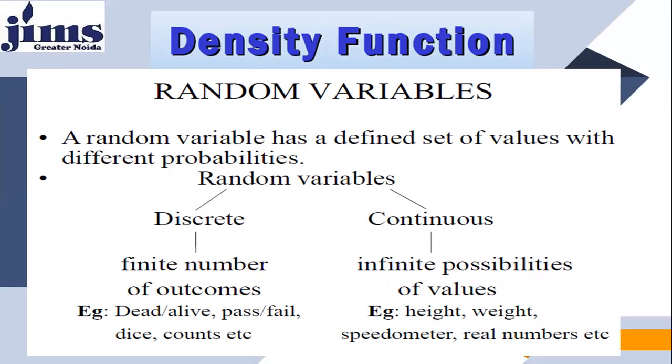If you play Ludo, you have only 6 options, 1 to 6. So these are discrete. You can count the total or possible outcomes. But in continuous type, you can't count the things. For example, weight. Weight is increasing day by day. Or the height of a child is a continuous process, right? So these are some examples of continuous random variables.